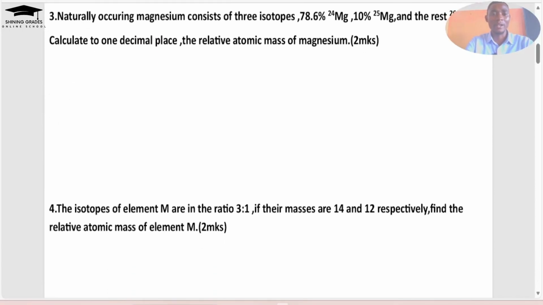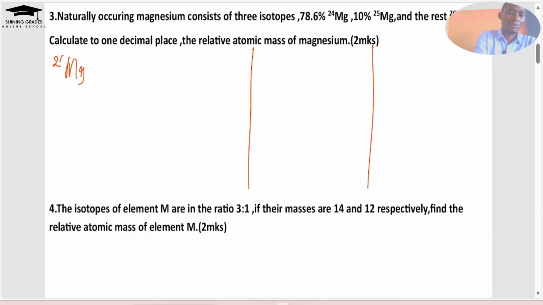Naturally occurring magnesium consists of 3 isotopes. We have magnesium 24. In this case, magnesium has 3 isotopes. We have magnesium 24 with percentage abundance of 78.6%.